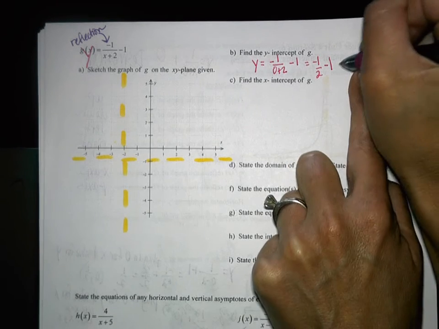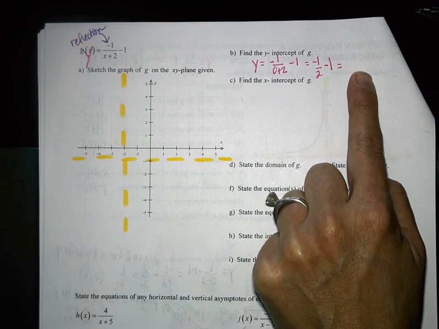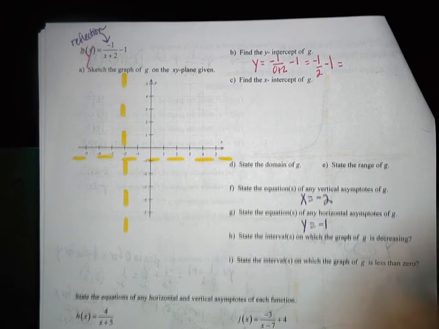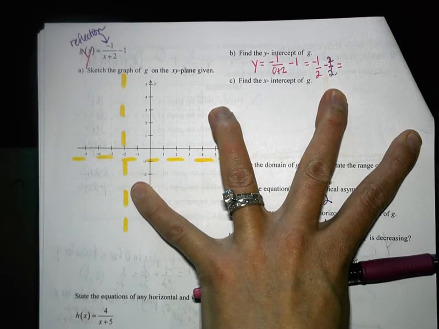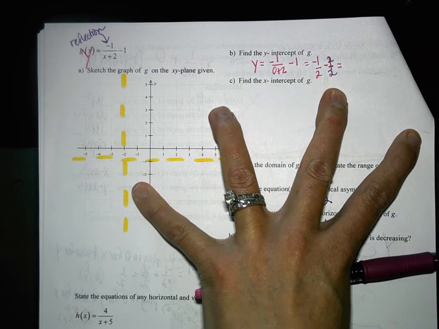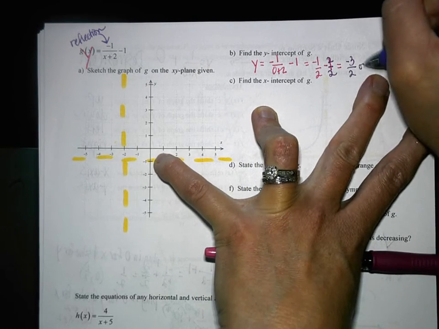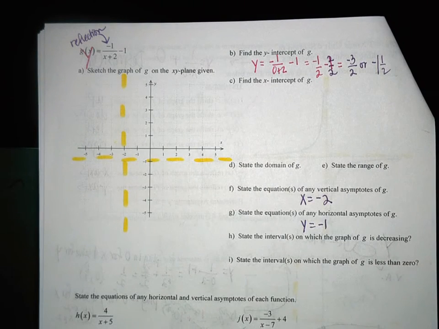When you have two negative values, what do you do? Add them, and it stays negative. If you want to, you could change this to be negative 2 over 2 so that they have like denominators. And when you add that, you get negative 3 over 2 or negative 1.5. To me, negative 1.5 makes more sense.